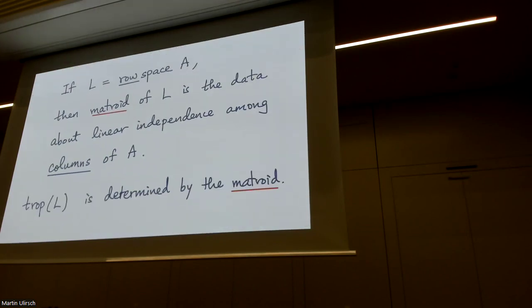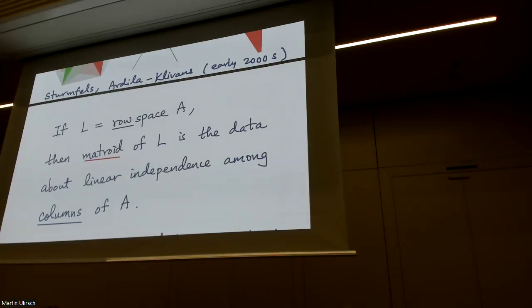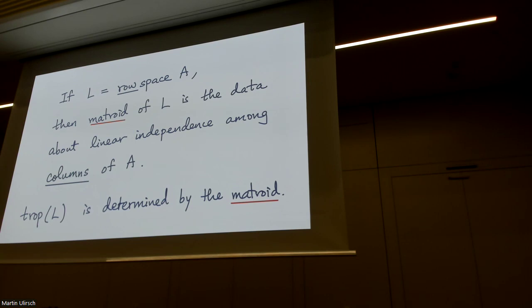So in particular, if L is the row space of a matrix A, then the matroid of L is the data about linear independence among the columns of A. It's a little bit of row versus column. So this is what a matroid is, and the result of these people is that the tropical variety is determined by the matroid, and in fact only the matroid.